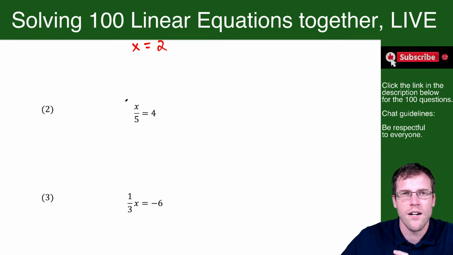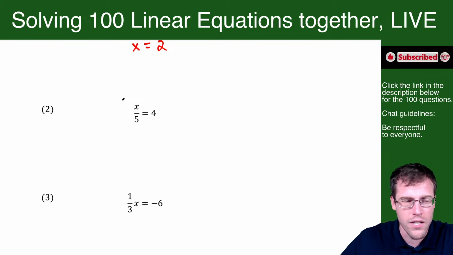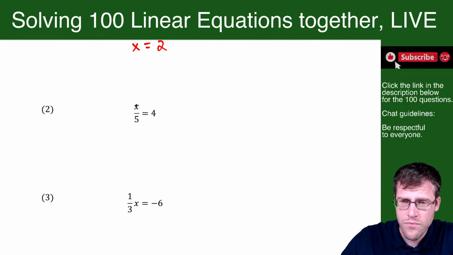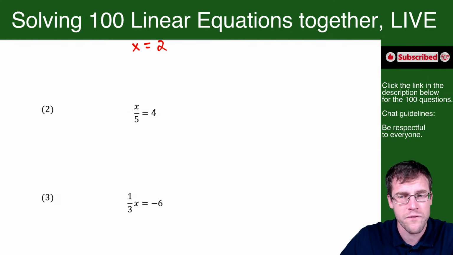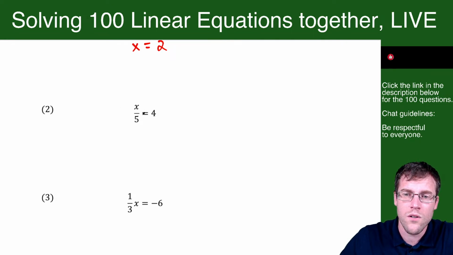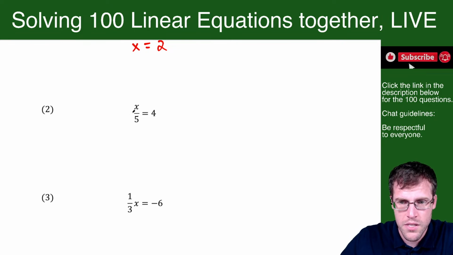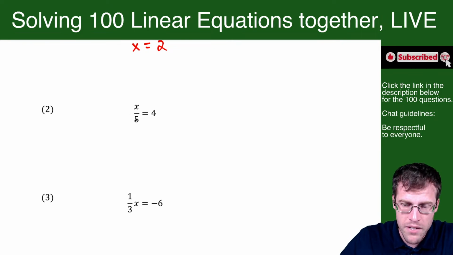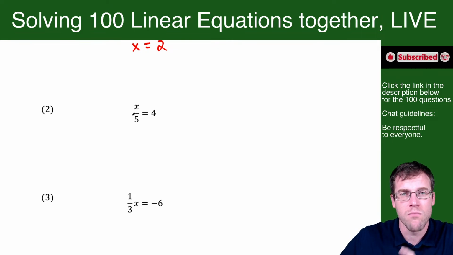For the first few questions, they're going to be one step to solve. And then they're going to pick up and get more complicated as we go. So now we have x over 5, or x divided by 5 equals 4. There's a few different ways we could solve this, but when you have x divided by something, the opposite of dividing is multiplying.